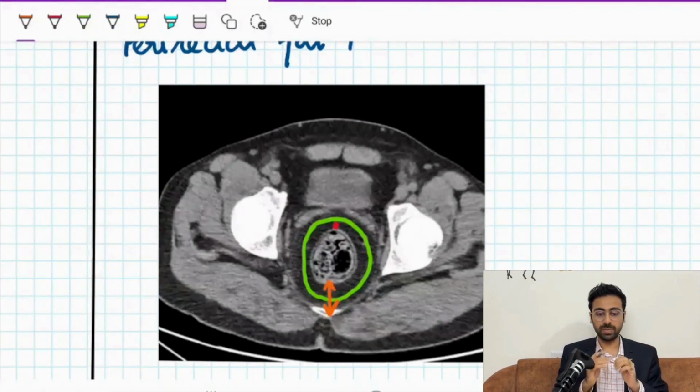Many researchers have measured this distance and they consider this as an indicator for prognosis of ulcerative colitis. Now, there are various measurements for this presacral fat pad with varying degrees of sensitivity and specificity. You can go ahead and read those articles, but keep in mind that perirectal fat inflammation, fat proliferation or presacral fat pad thickness increase is a sign of ulcerative colitis.